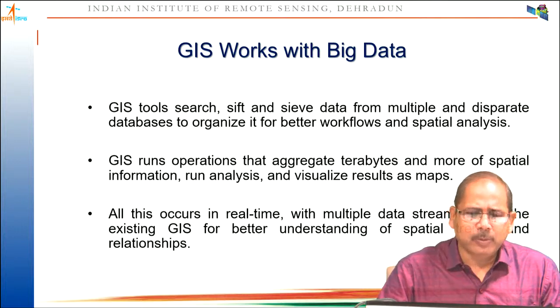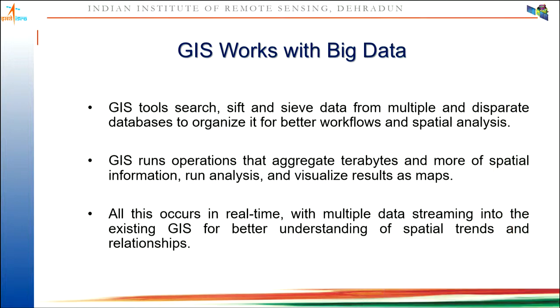This is almost the last one for this particular topic. How does it work? As I told you in the beginning, GIS is one of the very good examples of big data. A number of GIS tools search, sift and sieve data from multiple and disparate databases to organize it for better workflow and spatial analysis.